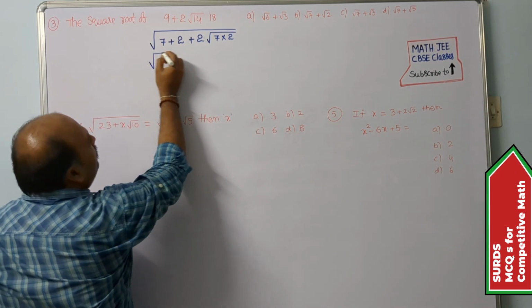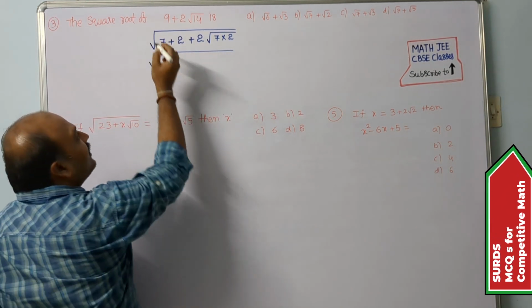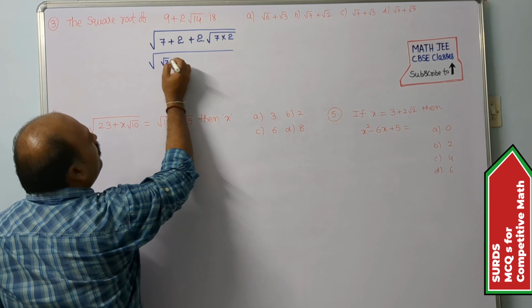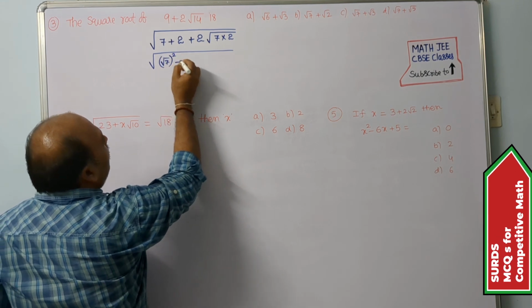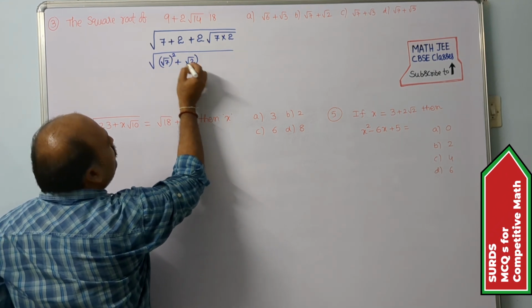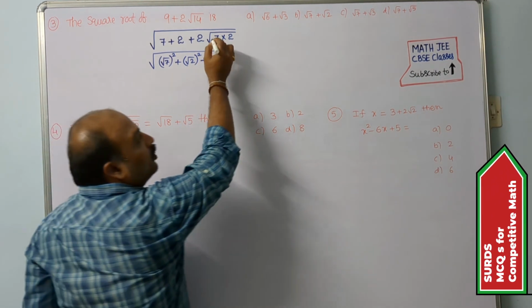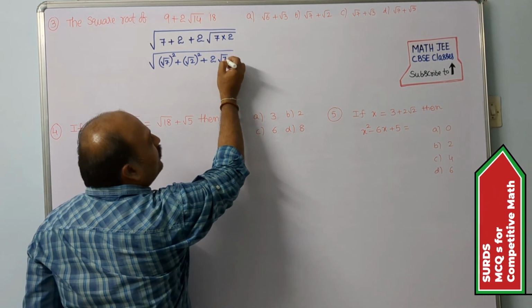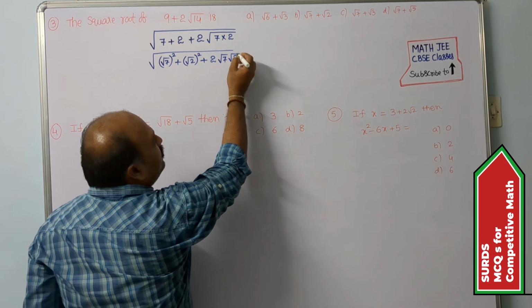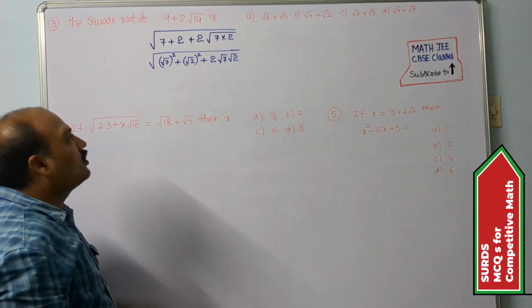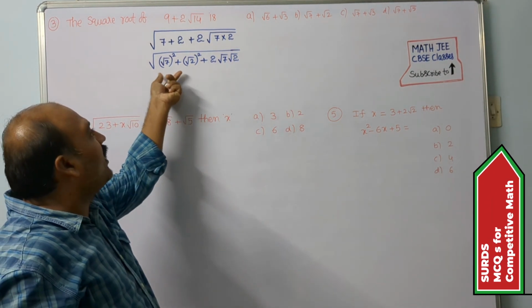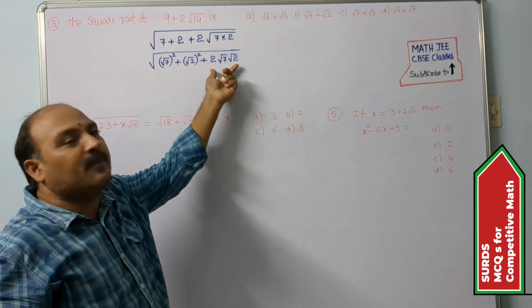So root over 7 can be written as root 7 whole square, plus 2 can be written as root 2 whole square, plus 2 into root AB, which means root A into root B. Okay, dear students, so it is in the form of A square plus B square plus 2AB.